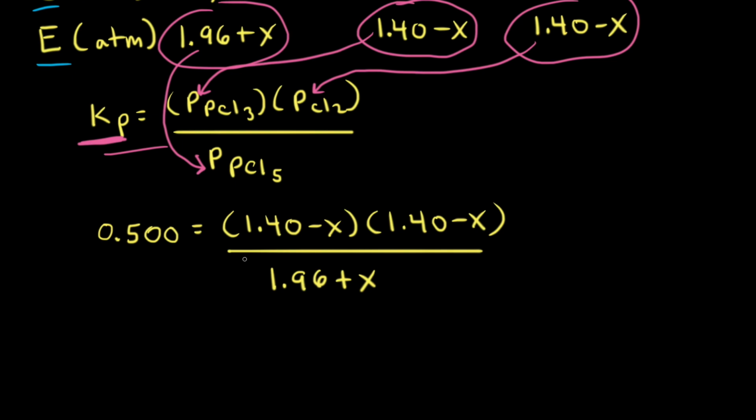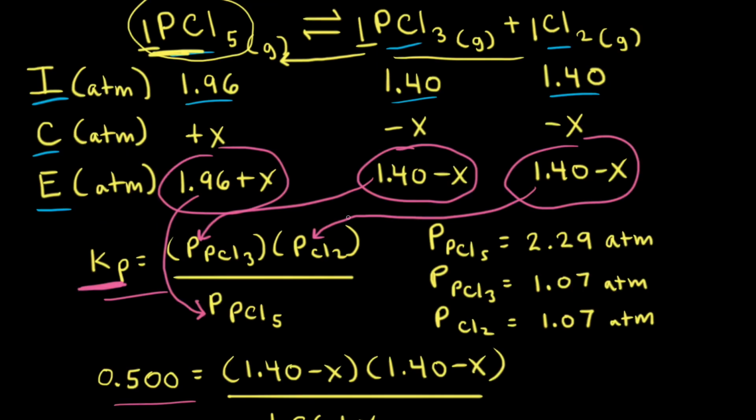Here's what our equilibrium constant expression looks like with everything plugged in. And next we would need to solve for X, which would involve the use of a quadratic equation. And when you do all that math, you find that X is equal to 0.330.